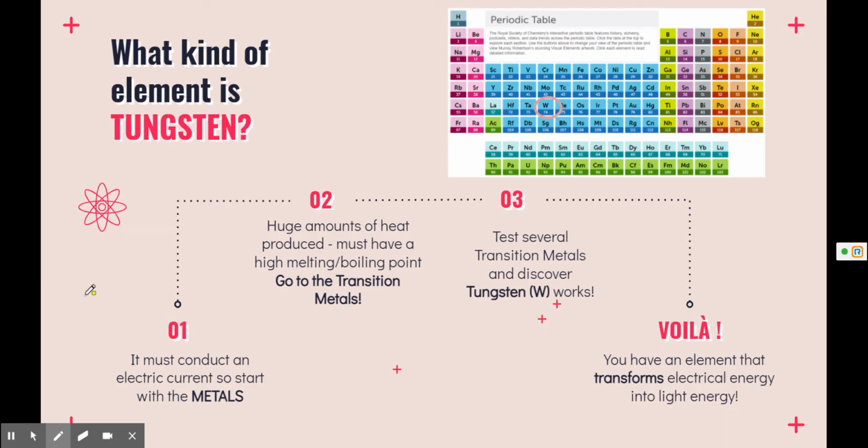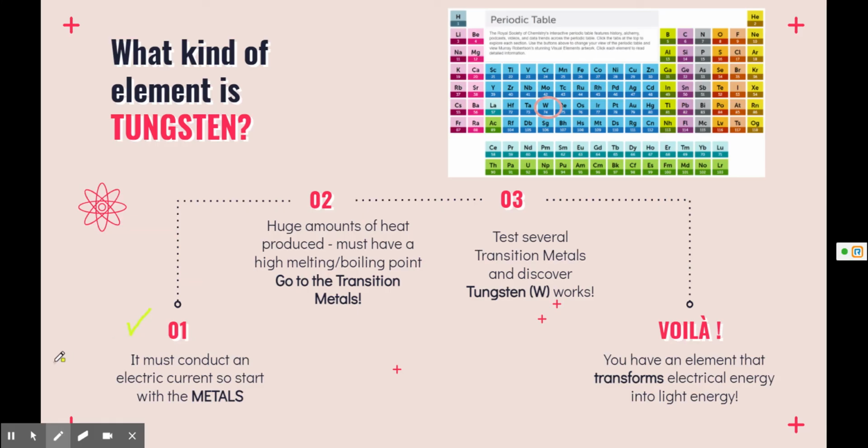Why is tungsten the metal of choice for that filament in a light bulb? Well, let's look at the steps to how we came to use tungsten as the element for the filament.